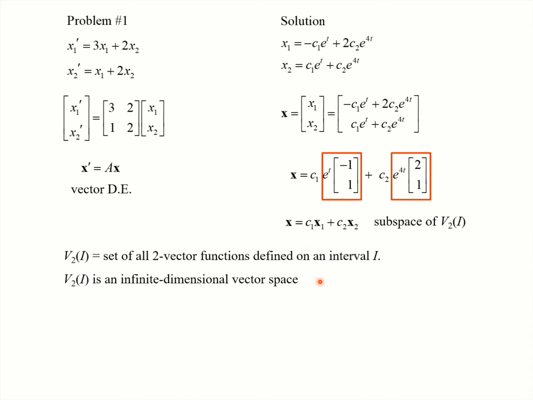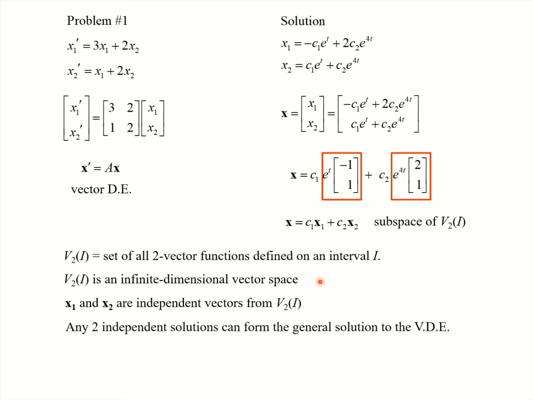Okay, x1 and x2, those vectors up there, are independent vectors from V2. And any two independent solutions can form the general solution of your vector differential equation, because if you have any two independent solutions, then they form a basis, and now we're getting back into the linear algebra, and you end up getting a general solution.